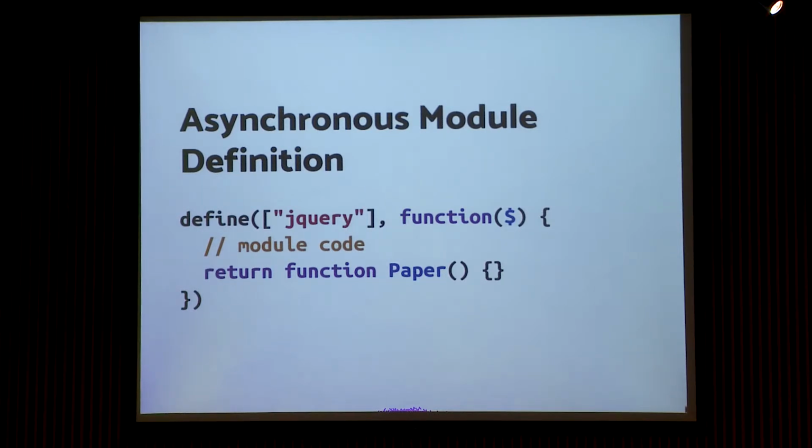Then this loader library, so you need to load an actual library, require.js is a very well-known one, will first resolve and load all your dependencies, evaluate them, and only then call your module function with the actual interfaces to your dependencies. So in this case, the module is just one line which exports a function called paper. The return value from this function is the interface that other modules that depend on this one get access to.